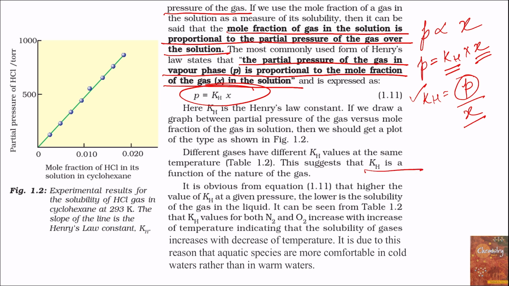So Kh is a function of the nature of the gas, and Kh is inversely proportional to the mole fraction of the gas present in solution. So higher is the value of Kh, lower is the mole fraction of the gas in the solution, or we can also say if Kh increases, solubility of a gas in a given solvent decreases.